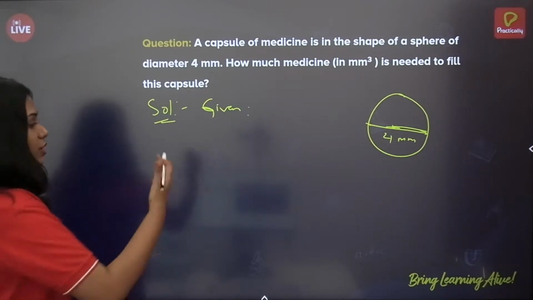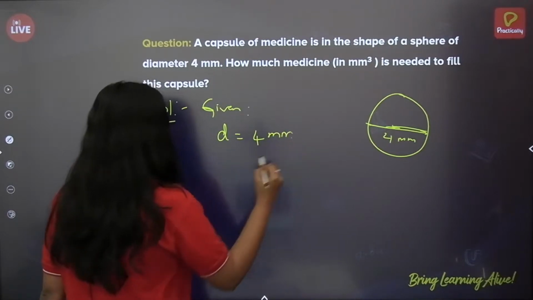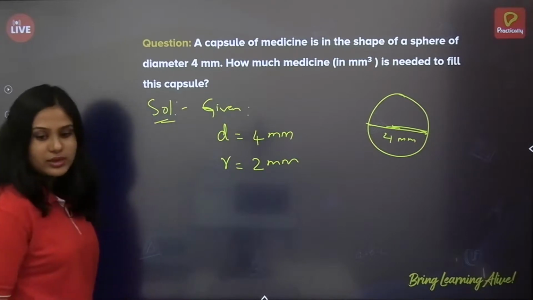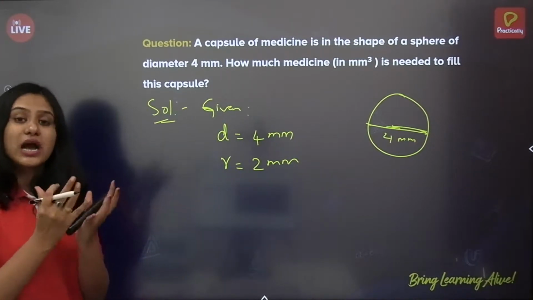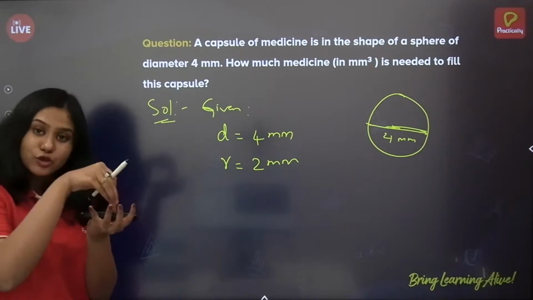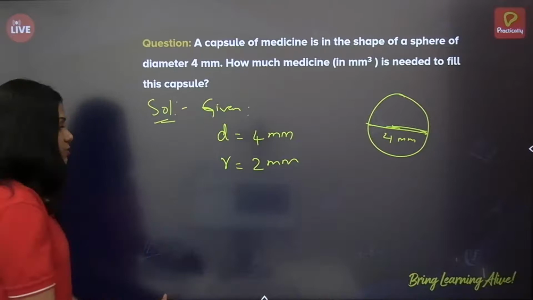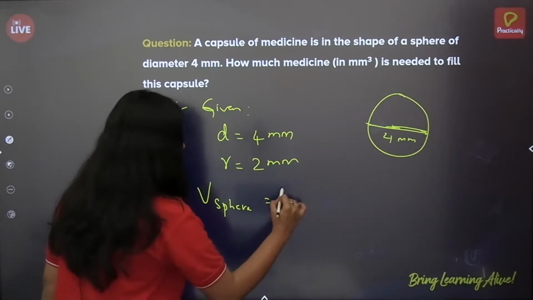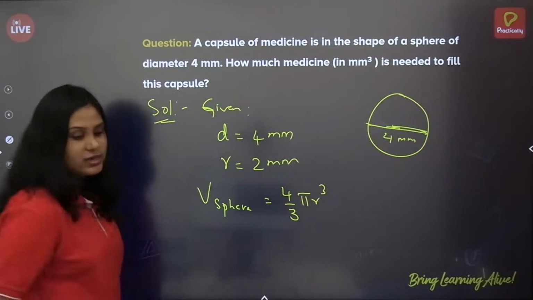Next. Okay, let us solve this. Given diameter is equal to 4 millimeters. So, what will be the radius? 2 millimeters, right? So, how much medicine is needed to fill? If it is asking how much medicine is needed to fill inside the sphere, what do we have to find? Volume of the sphere. Volume of sphere is equal to 4 by 3 pi r cube, right?